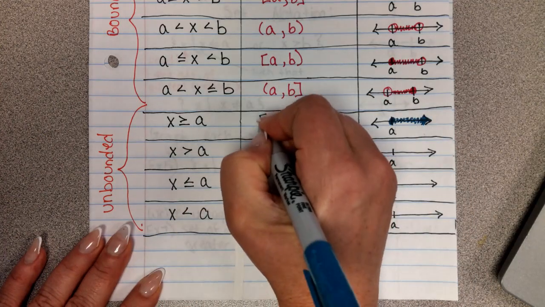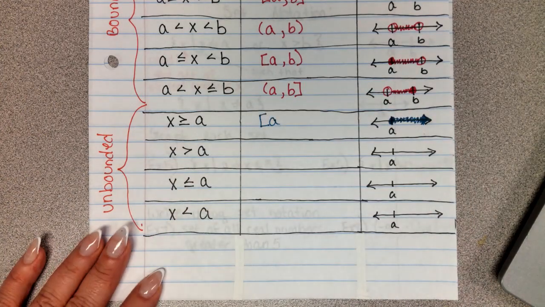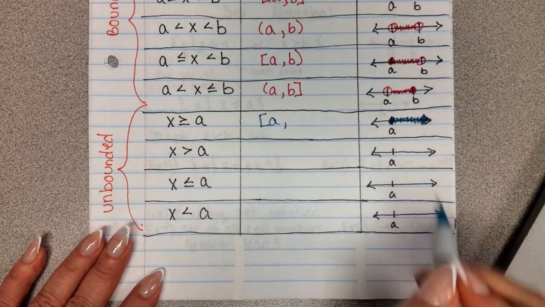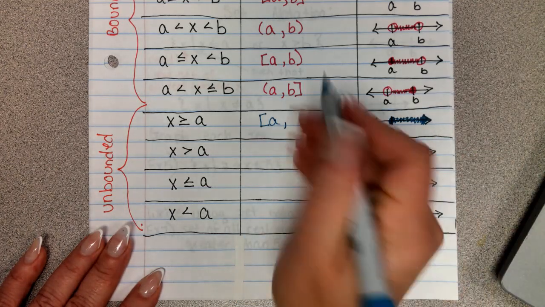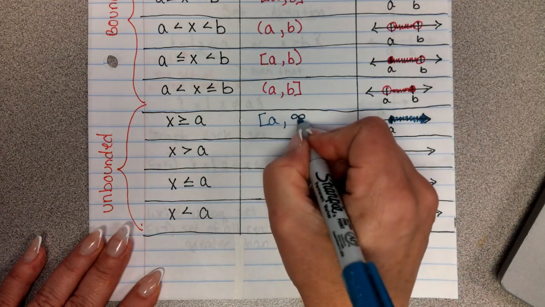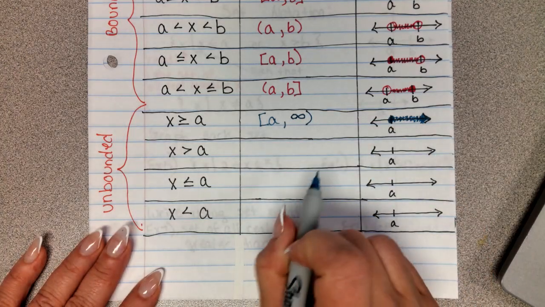I want to include A, so I'll put a bracket for A, and then going to the right, the positive direction, forever. So I'm going to say that's positive infinity, and then I'm going to put a parenthesis.